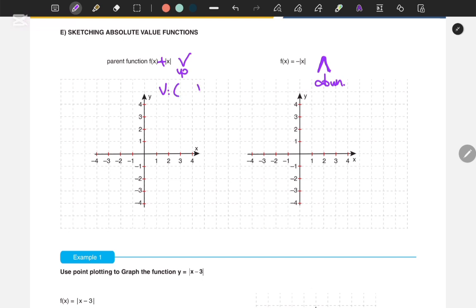You see that inside the absolute value, I always make it equal to 0. You see that x equal to 0. Is there any outside number? No. It means that my vertex is 0 and 0 and then upward. Here my vertex is 0 and 0, but it is downward.